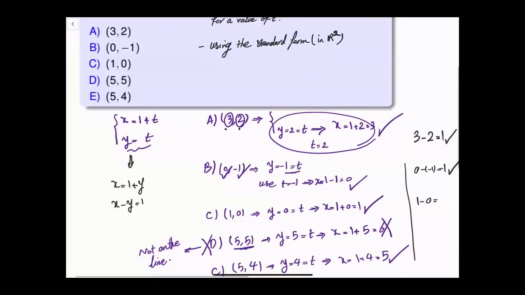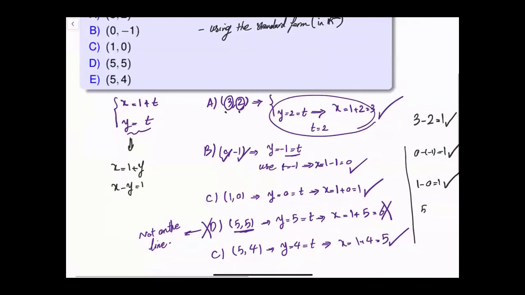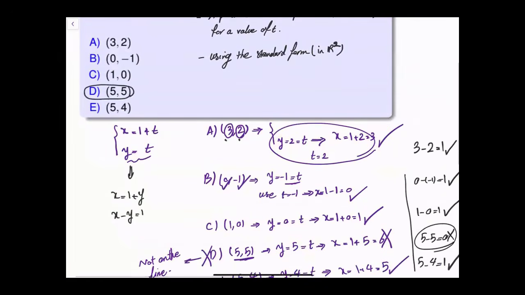For C, 1 minus 0 is 1, satisfied. 5 minus 5 is 0, not satisfied. And 5 minus 4 is equal to 1, satisfied. So again, the point that is not on the line is 5, 5.